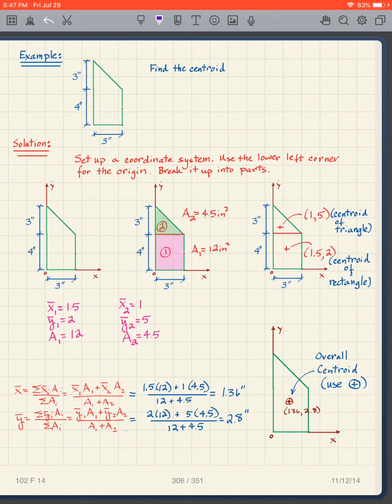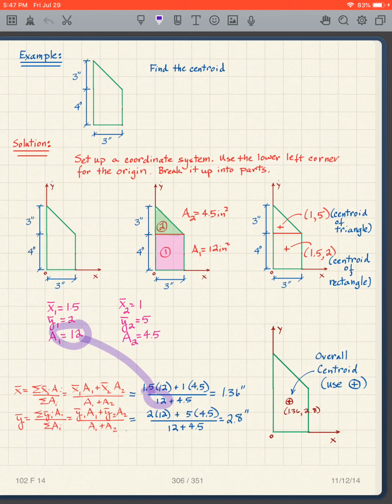I just take my x bar 1, A1, x bar 2, A2, and A1, A2.